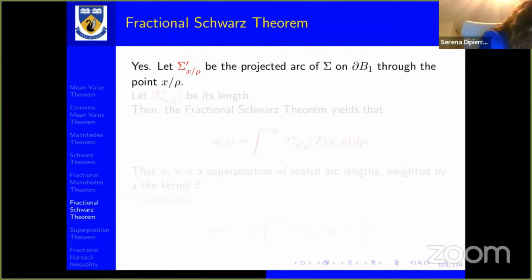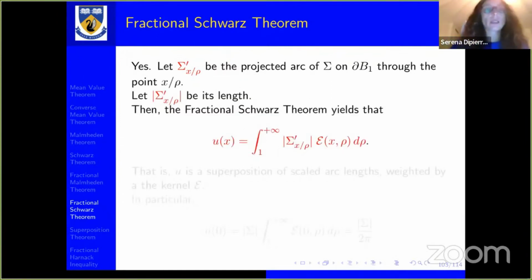And then, of course, I have to take the projection of the two endpoints of the arc sigma across x over rho. And whatever I have is going to be my sigma prime of x over rho. So here is the picture. So I have the ball, the arc sigma, I have x over rho, and then of course I project sigma through x over rho, and this is the conjugated arc that I get here.